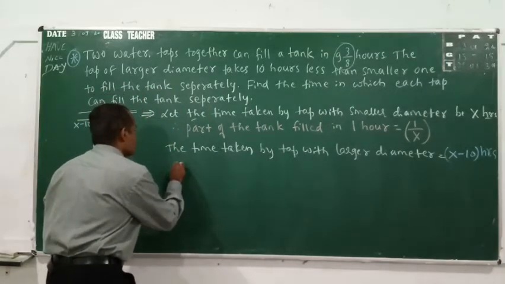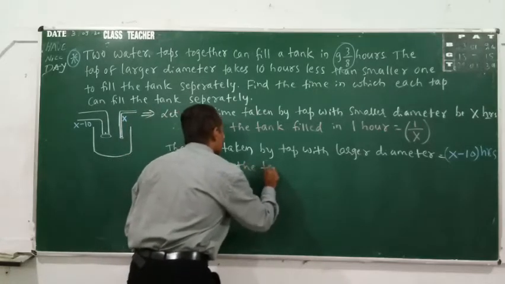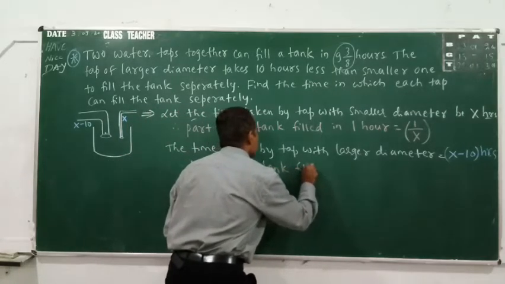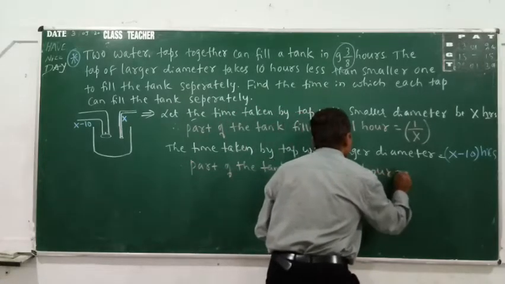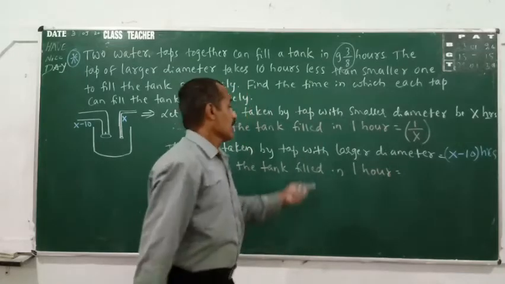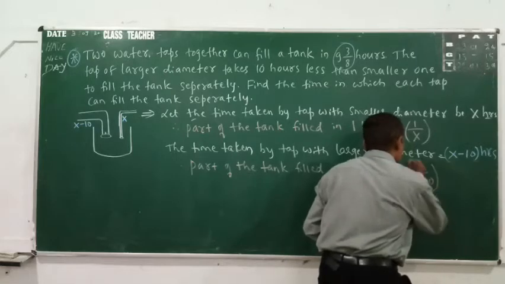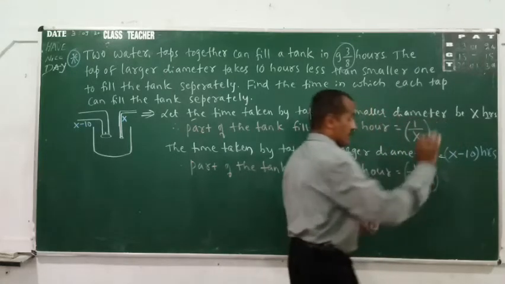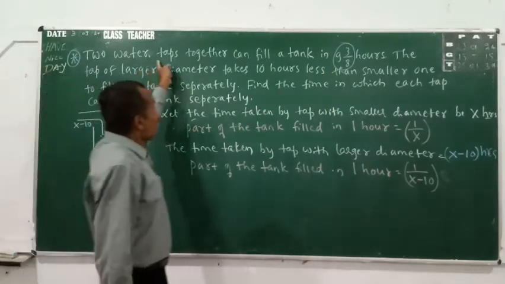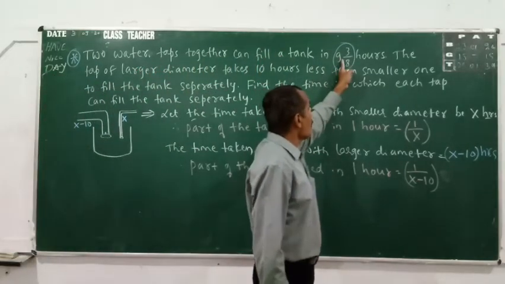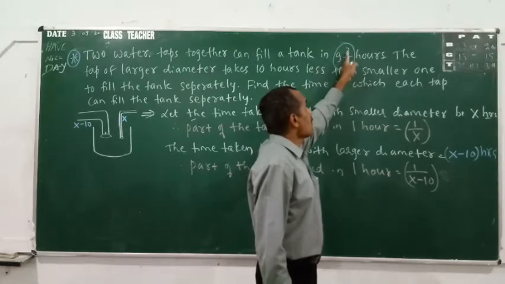Therefore, part of the tank filled in 1 hour. The problem has to be converted for 1 hour. This will come in the denominator: 1 by x minus 10. This is the part of the tank. Now, when both are kept on, they fill the tank in 9 and 3 by 8 hours.